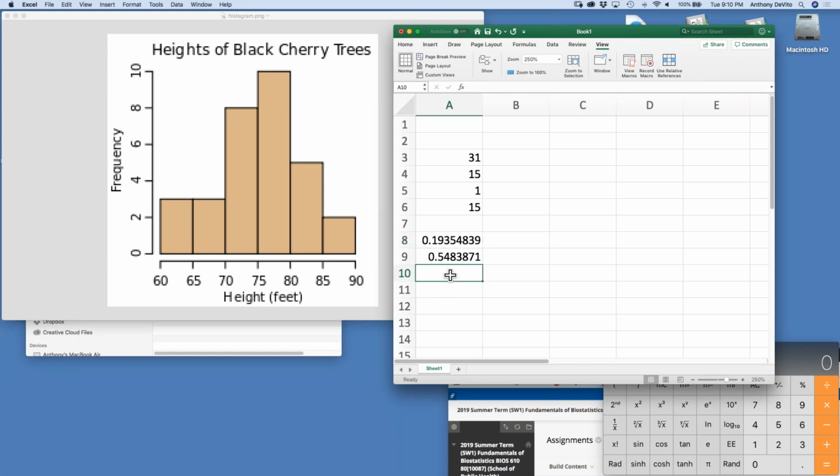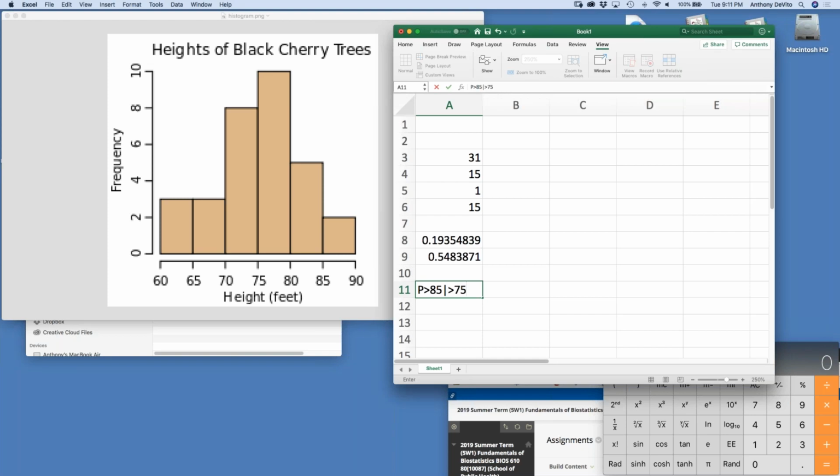Now the only other thing that might complicate this is if I impose a condition. So for instance, what if I told you that given that a tree is 75 inches tall, what's the probability that it would be greater than 85 inches? Remember that pipe command we used for "given": given that we know it's greater than 75 inches, 75 feet.